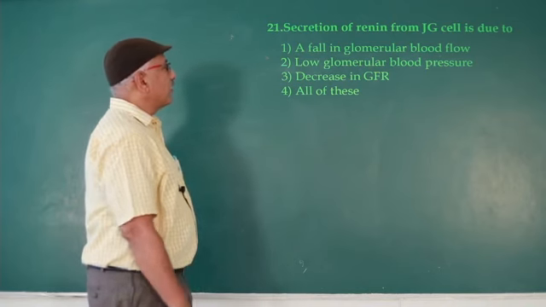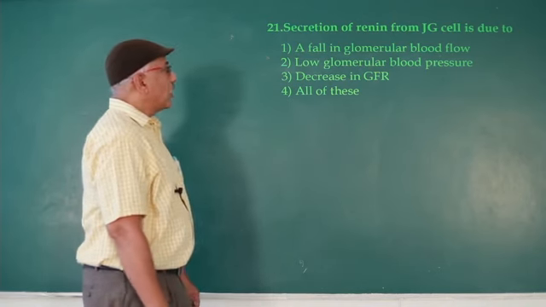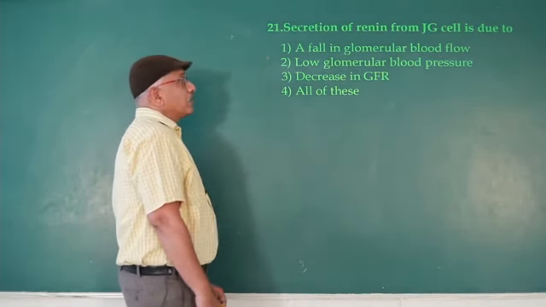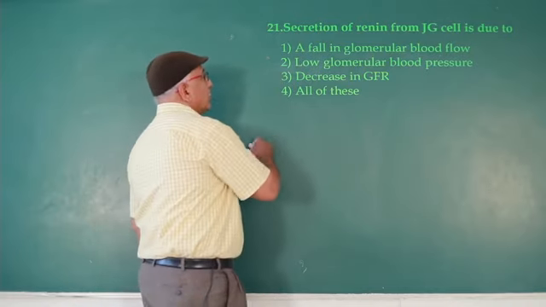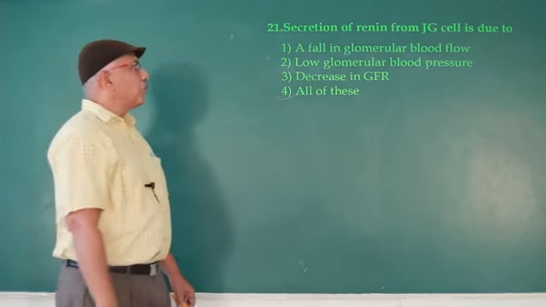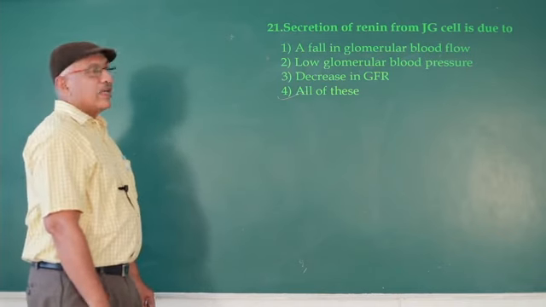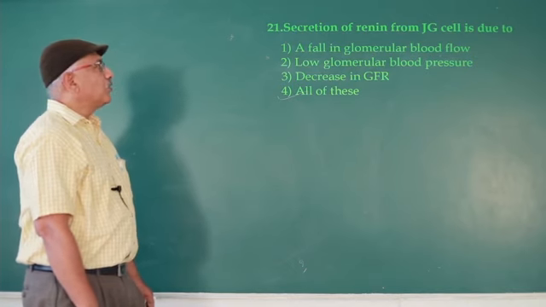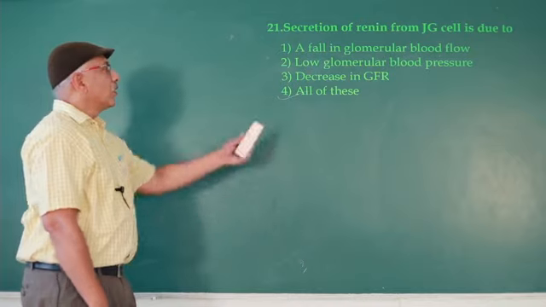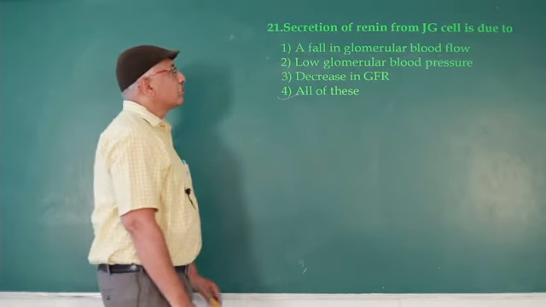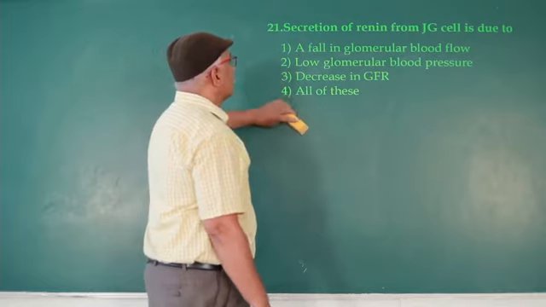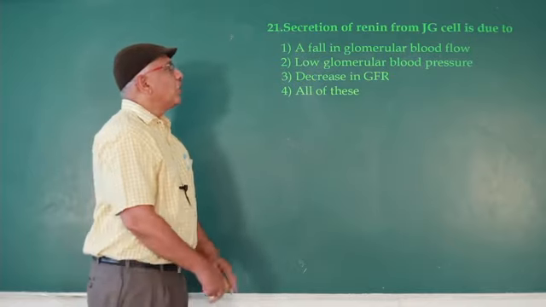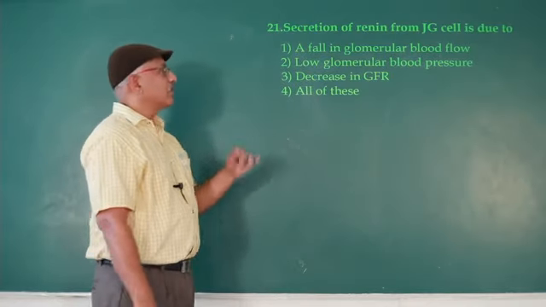Decrease in glomerular filtration rate, low glomerular blood pressure due to less volume. So all of these. Not osmotic pressure, only low blood pressure. Concentration increases. So that's why.